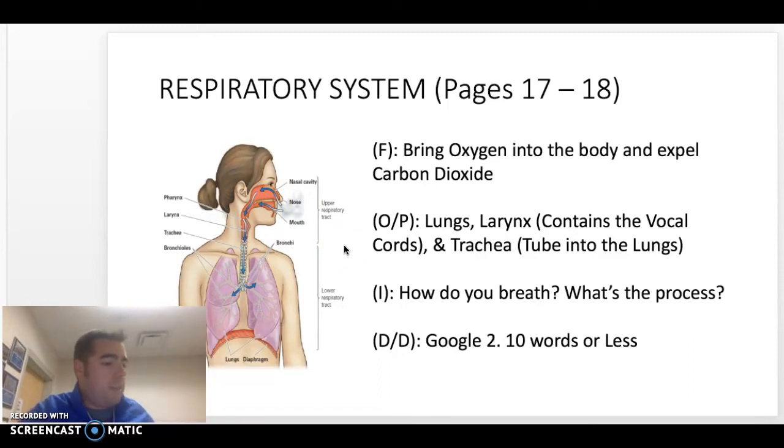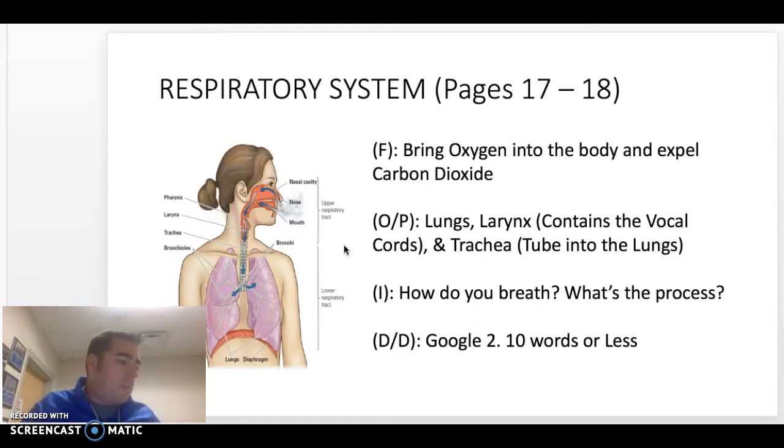What else I'd like you to put into your notes is a pretty firm understanding of how breathing happens. There's a short couple of paragraphs on page 18 of your book that explains this process. The critical organ in the actual act of breathing is this big, huge muscle just below your rib cage, called the diaphragm.